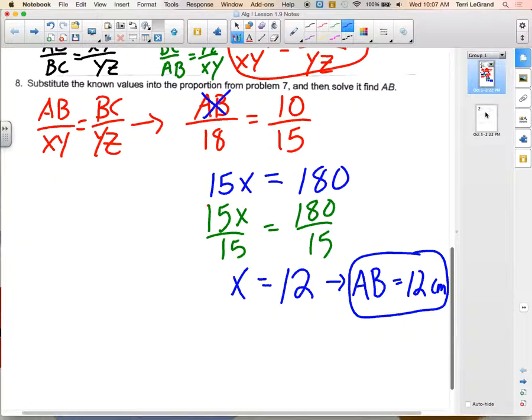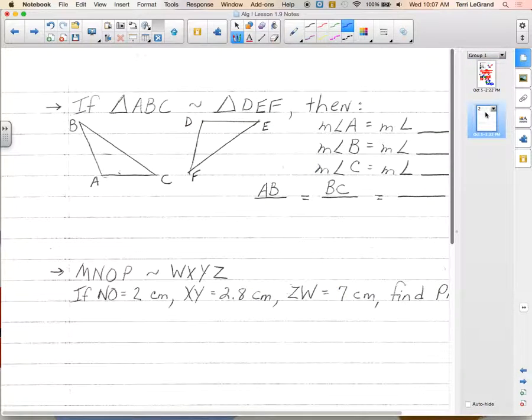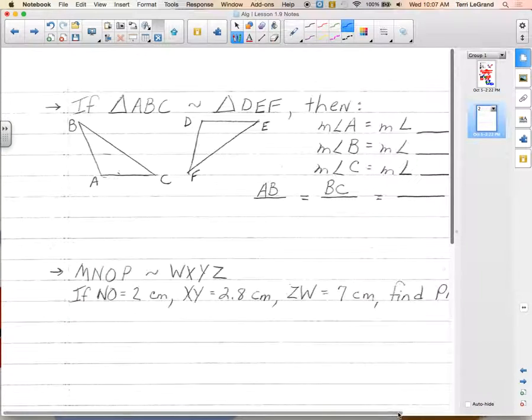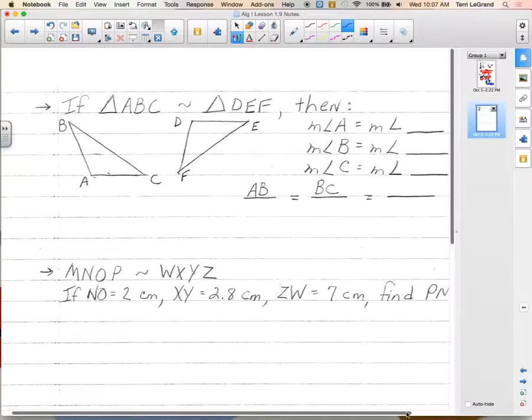Okay, then let's go to the back, where now we'll use our amazing knowledge. What does that say? If triangle ABC is similar to triangle DEF. So they're saying to you, if this is the case, we're going to let these be similar triangles, then here's what I want you to do.